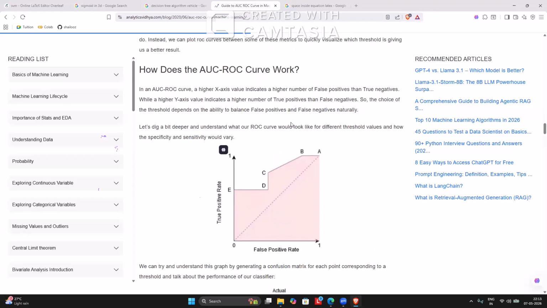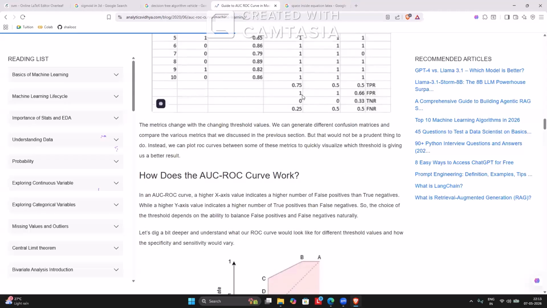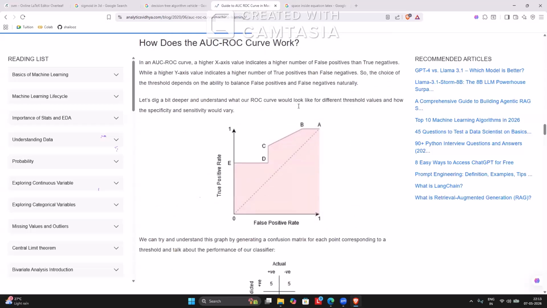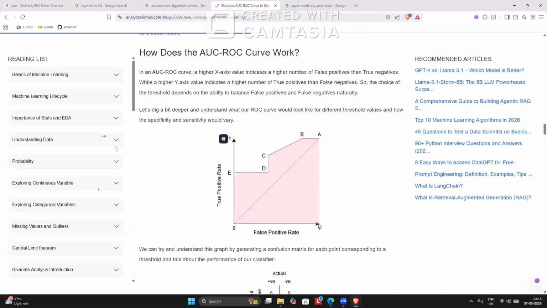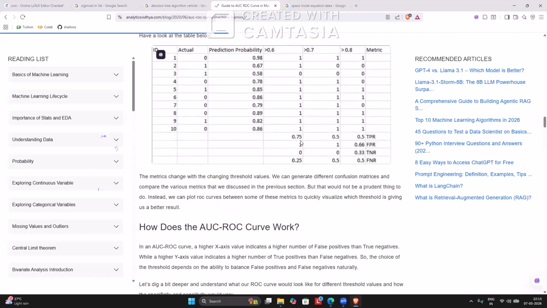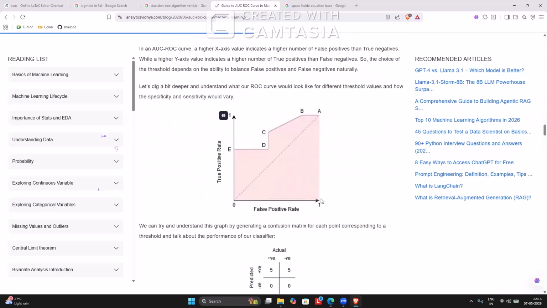In the first case, what is the TPR? Sorry, TPR is 0.75 and FPR is 1, right? So the first point has FPR of 1 and TPR of 0.75.